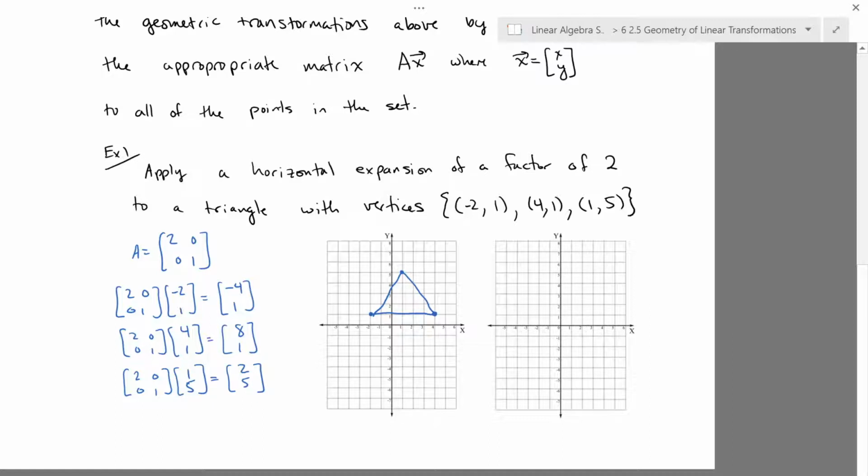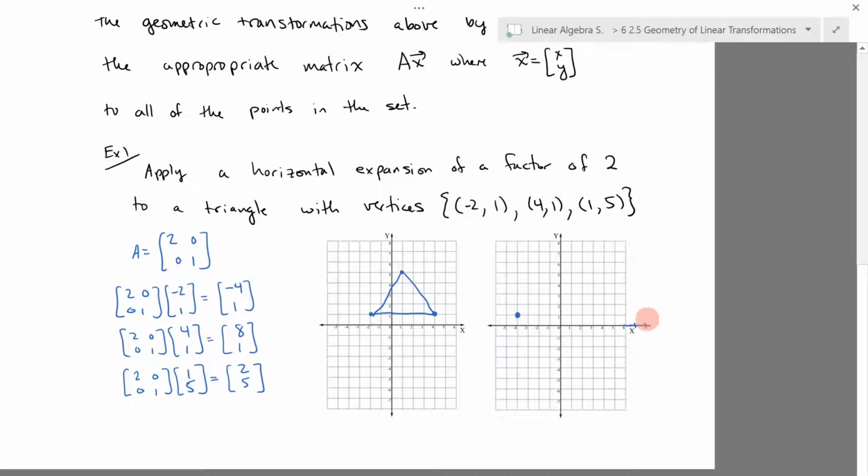Okay, so now I plot these 3 points. Negative 4, 1 is located here, and 8, 1. The coordinate axis here is not long enough, so let me just add a couple units.